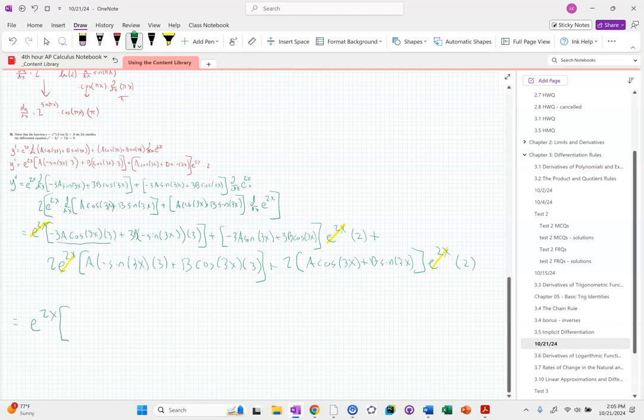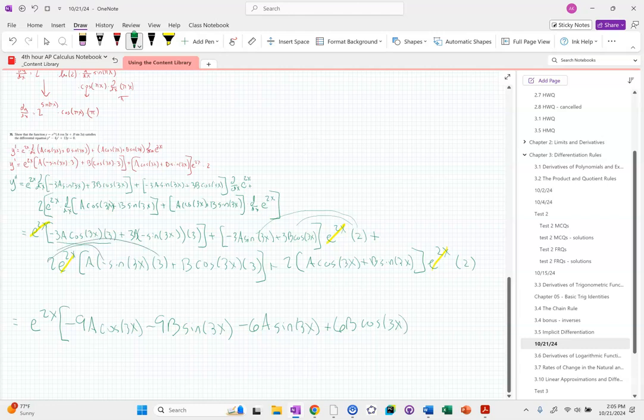And that's going to be negative 9a cosine 3x, and I have minus 9b sine 3x. Then I'm going to distribute this 2 through to make that minus 6a sine 3x plus 6b cosine 3x.